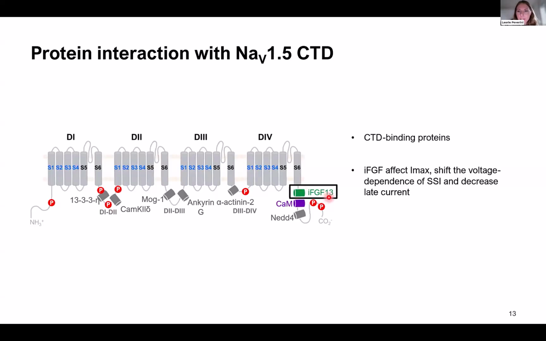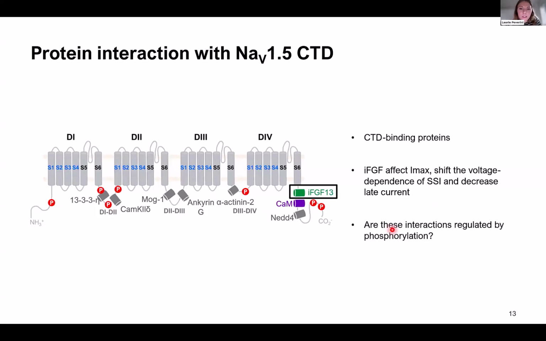Members of this family have been described to have several effects on almost all the subtypes of voltage-gated sodium channels. These effects include increasing the peak maximal current, shifting the voltage dependence of steady-state inactivation to more depolarized potential, and also decreasing the late current on variants that elicit late current.